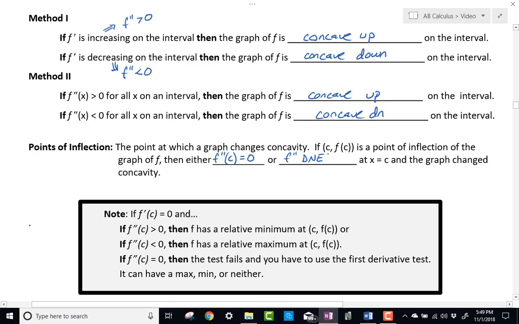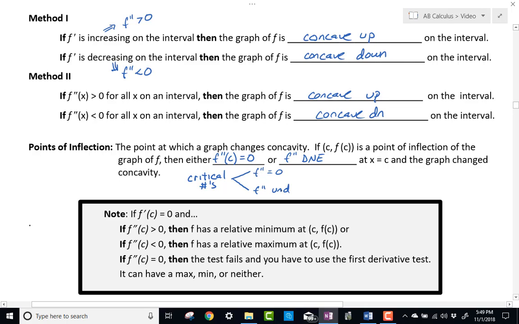These are what we called in the previous unit critical numbers. Okay, so critical numbers are numbers where, and we talked about this in terms of first and second derivative, but now we're talking about second derivative. So critical numbers are where f double prime is equal to 0, or f double prime is undefined, or does not exist. Okay, f double prime undefined.